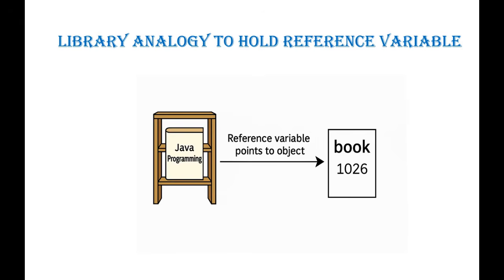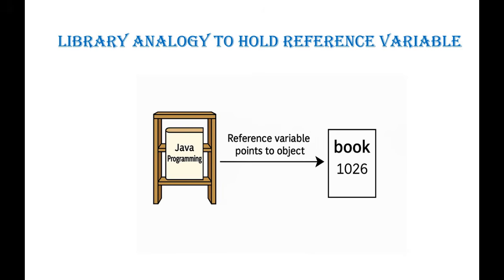So when I visit my librarian and say I want to issue a book named Java Programming, they refer to the library card, which is actually a reference card. This card tells me that the Java Programming book is present at rack number 5 of the bookshelf. So they direct me to go there and find the book so that they can issue it to me.